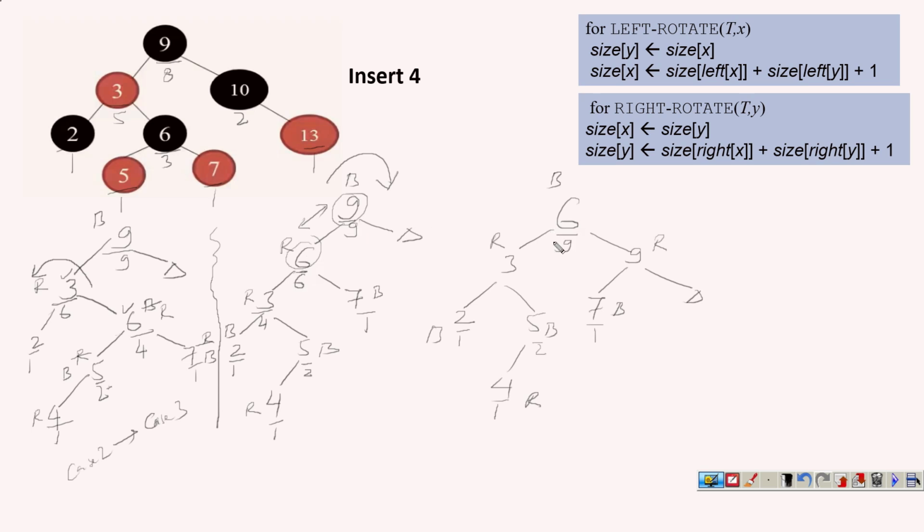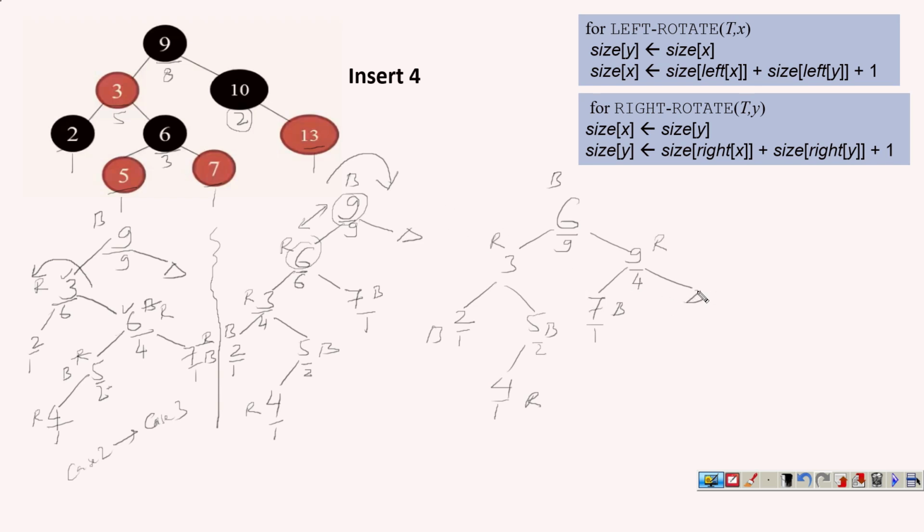So 6 will be 9 here, and 9 goes down, and the size for this node will be the size of this left plus the size of this right. The right of this is this one, 2. So 2 plus 1 is 3, and plus 1 is 4. That means this will take 4.